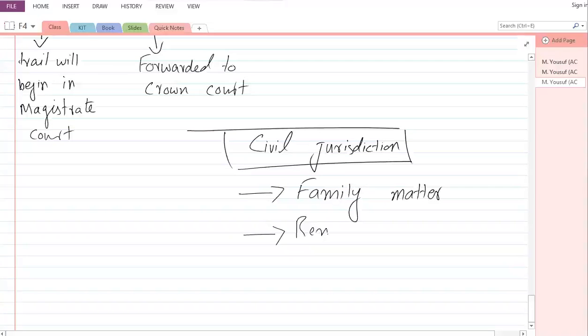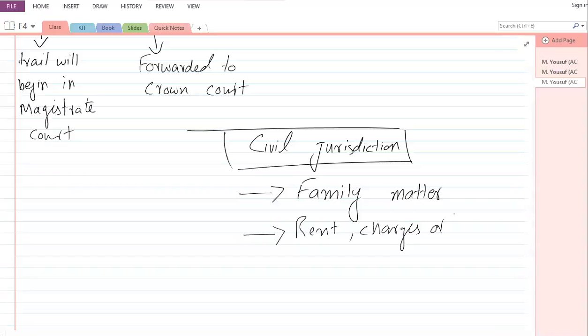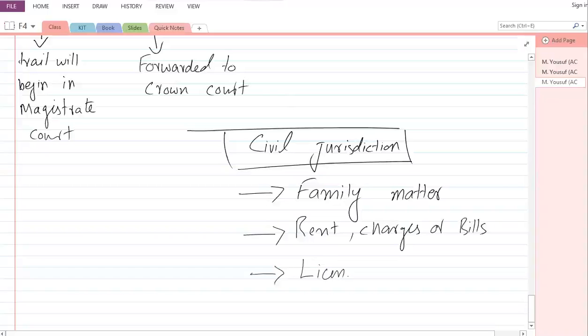If there is a case of rent charges, or utility bills, or if there is a case of license, an organization has obtained a license to prepare beverages.